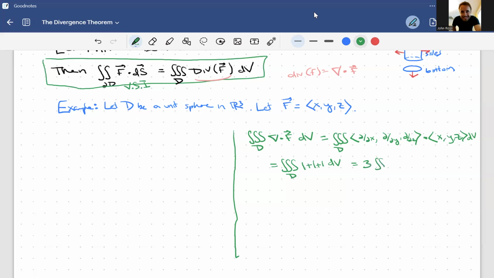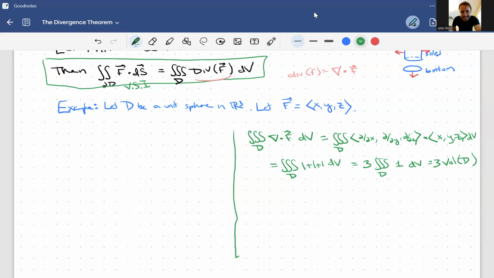And so I'll point out we can pull this 3 out of the integral, and we're just integrating the function 1, which is always a slick way to calculate the appropriate size of the shape we're looking at. In this case, we're integrating volume, and so this will be 3 times the volume of D. Right, so that's a nice trick that we use when we're integrating just the constant function 1.